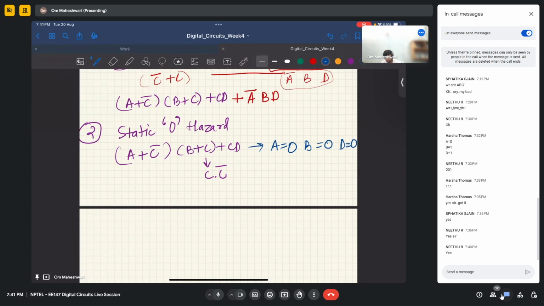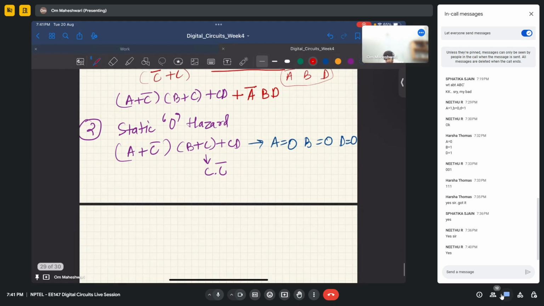So write this. What is static 0 hazard? You should have had 0, but due to this C C bar, you get a 1.